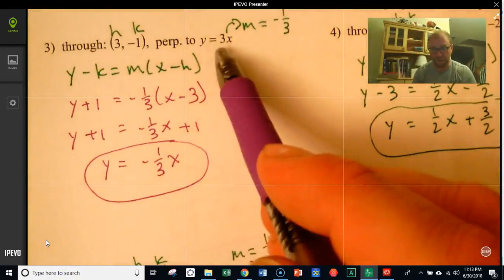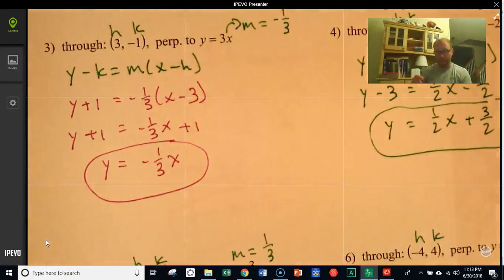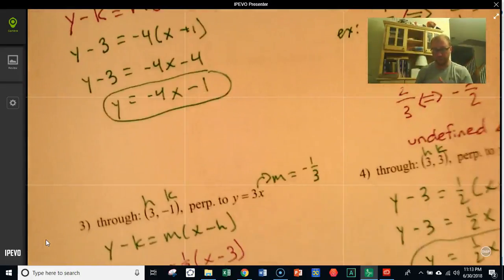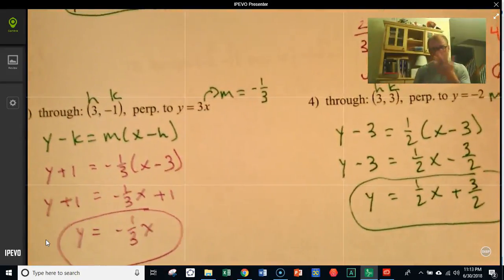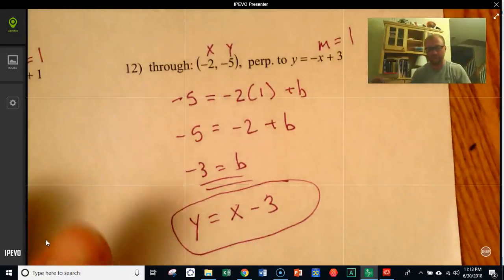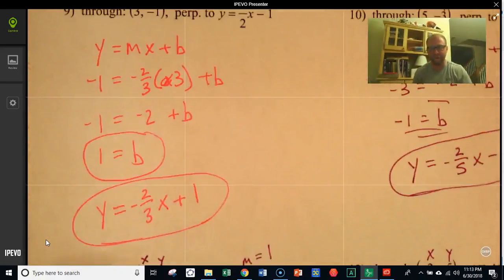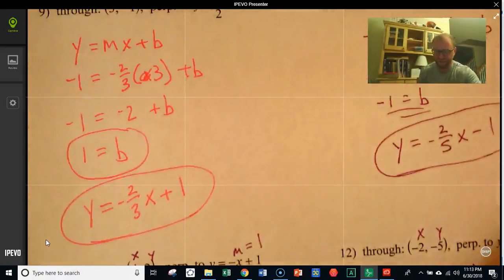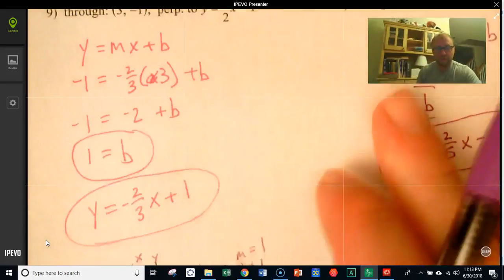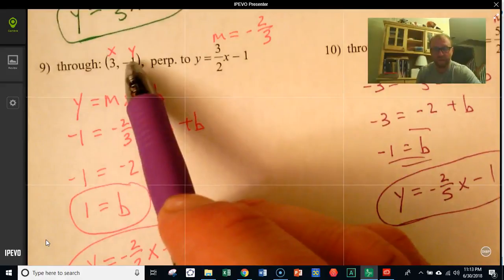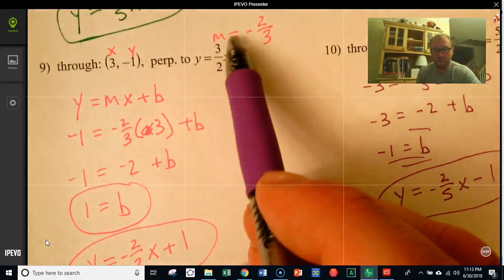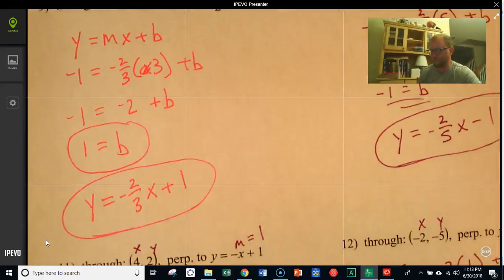When whole numbers get flipped upside down, they become 1 over that number. Then you just take that slope or point-slope equation and turn it into slope-intercept. The other method is to start with the slope-intercept equation in the first place, fill it out with an x, a y, and your slope, solve for b, and then you just write your equation.